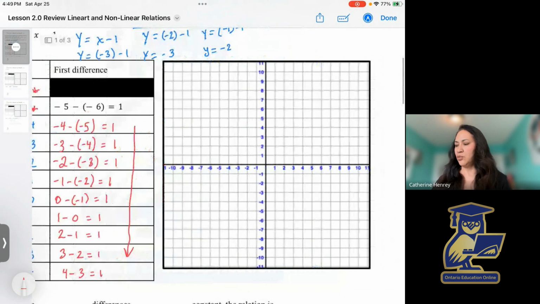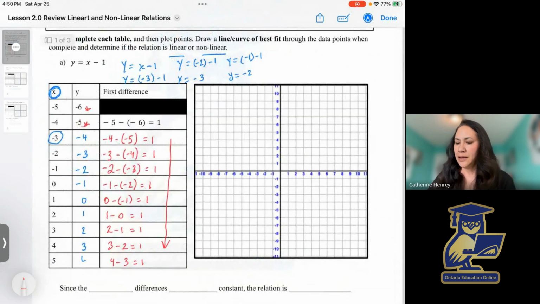So let's go ahead and plot some of these points. We can start with -5, -6, -4, -5, -3, -4, -2, -3.